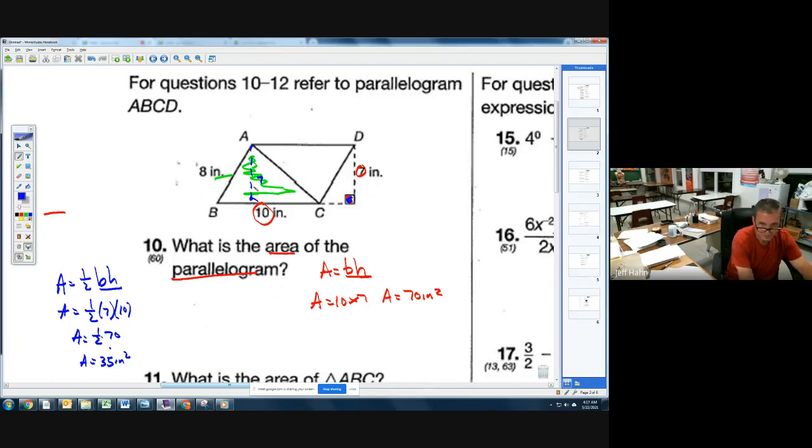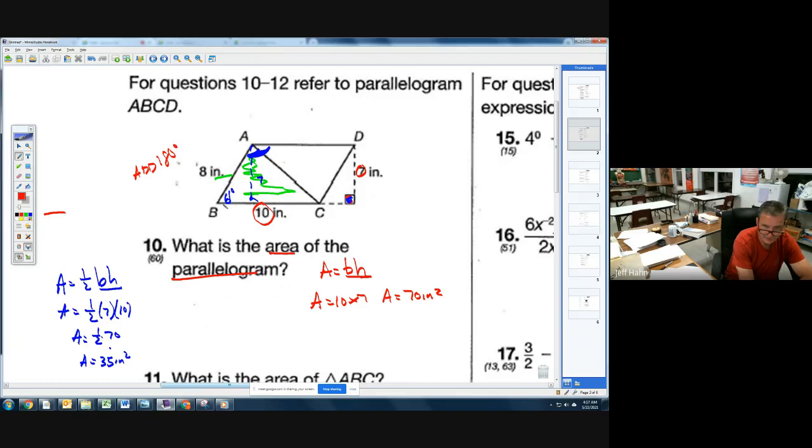Problem number 12 says angle B here is 61 degrees. It asks you for this angle right here, angle DAB. What you need to write in your notes, I don't know if we covered this with parallelograms, is this: in parallelograms, the angles that share a same side are supplementary, which means they add up to 180 degrees.